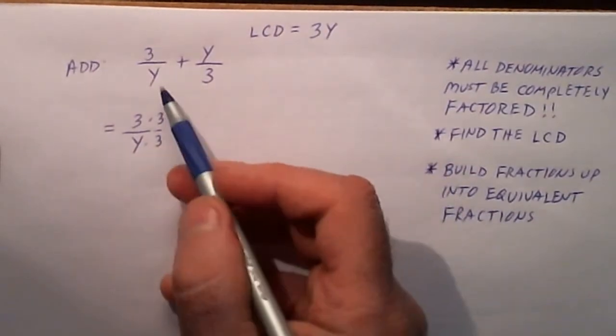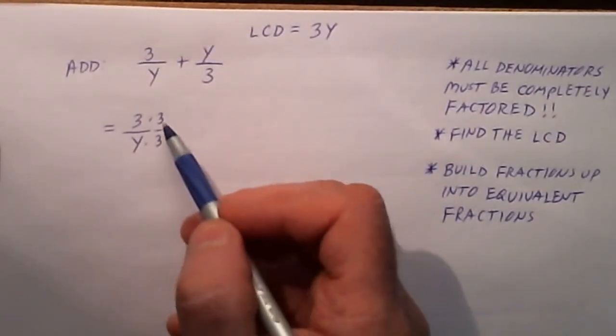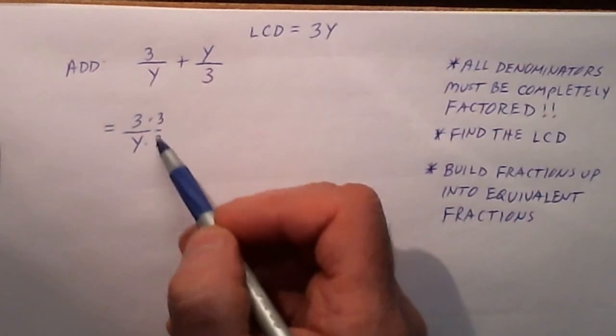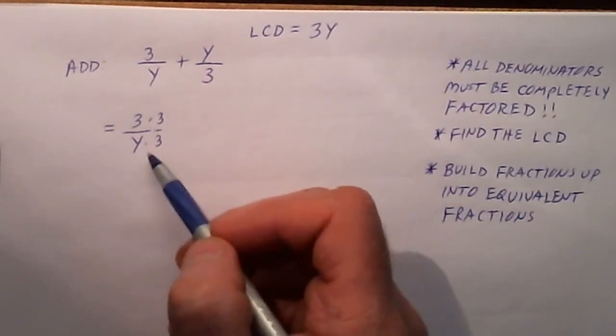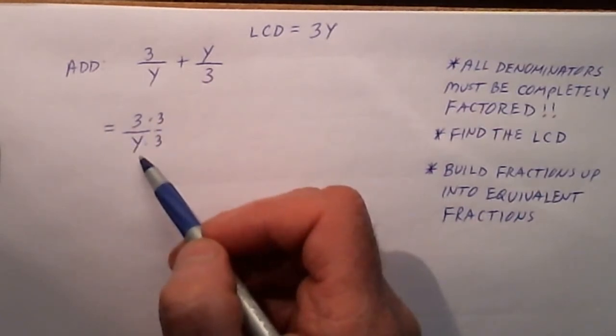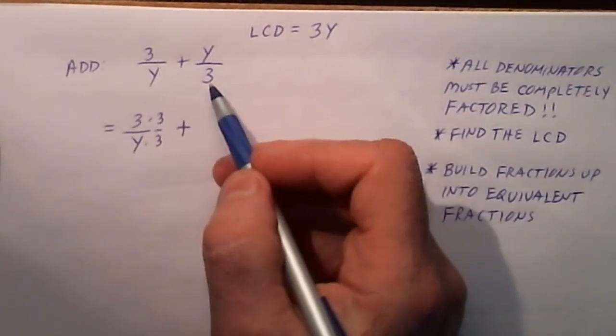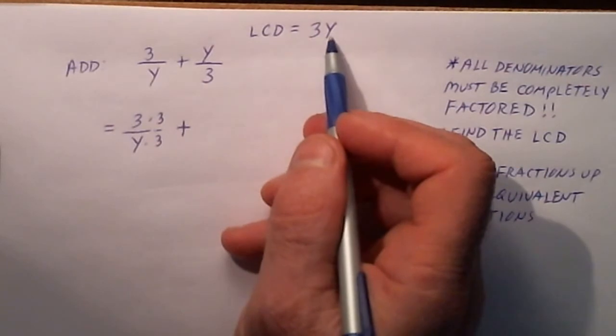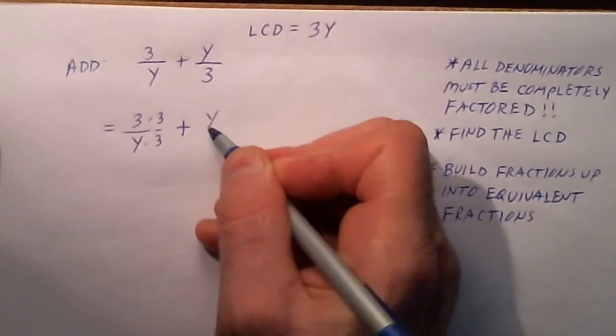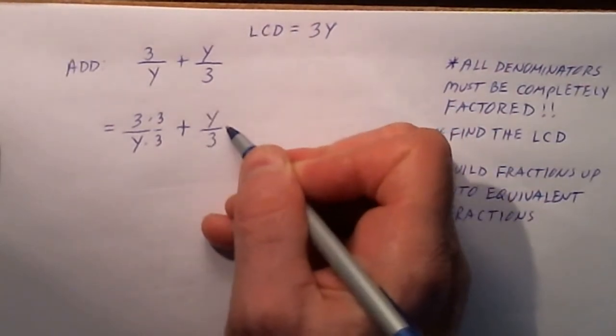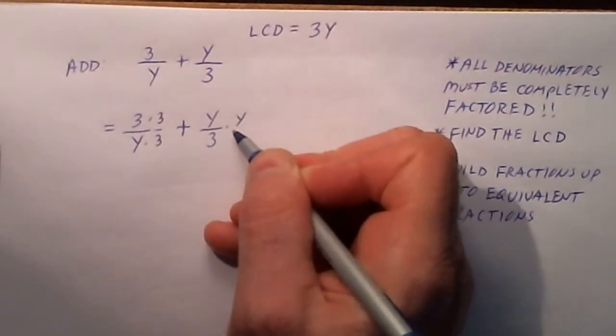What we're really doing is multiplying 3 over y by 1, 1 being in the form of 3 over 3. And so therefore, our equivalent fraction will obviously be equal to the original fraction. The second rational expression has 3 in its denominator, but it's missing the factor of y. Being the case, we're going to have to multiply top and bottom of the second rational expression by y.